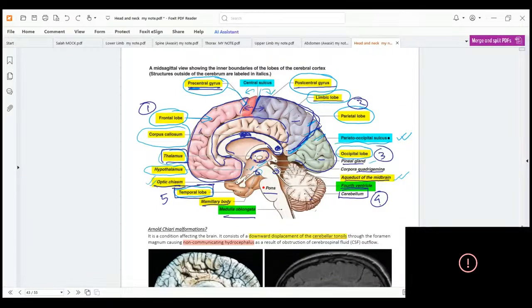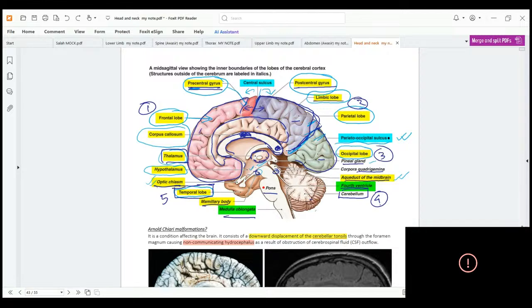This is the frontal lobe. This is the central sulcus. In front of it is the precentral gyrus, and behind it the postcentral gyrus. Then the limbic lobe is above the corpus callosum.